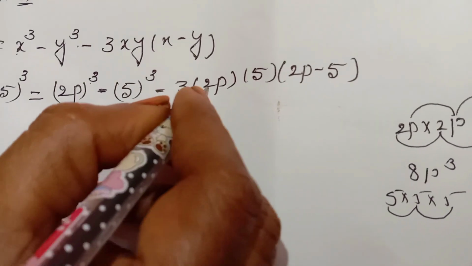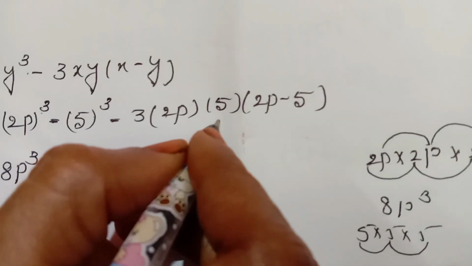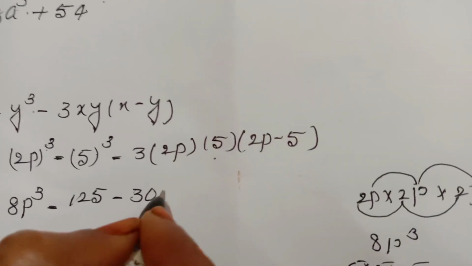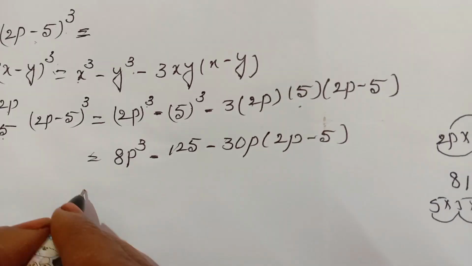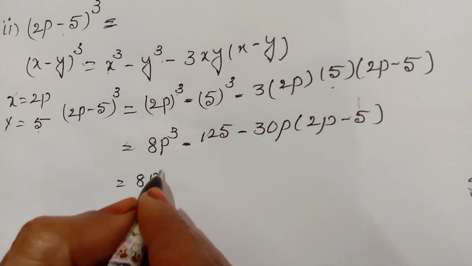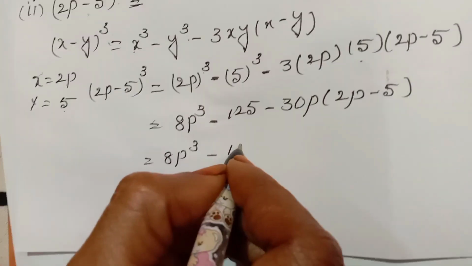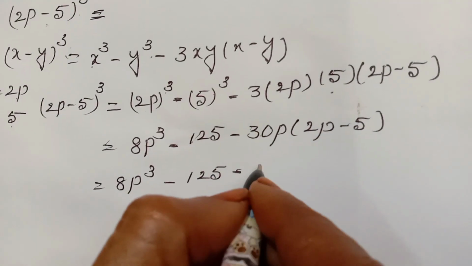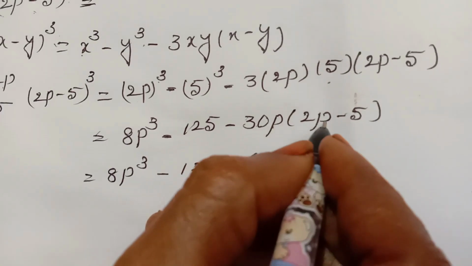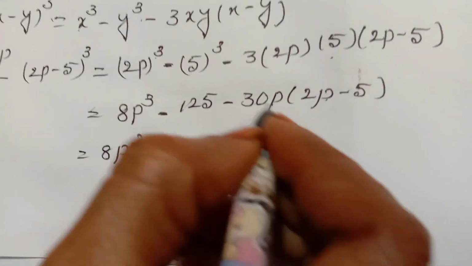Minus 3 2s are 6, 6 5s are 30. 30p into 2p minus 5. That is equal to 8p cube minus 125 minus 3 2s are 60, p into p, p square.